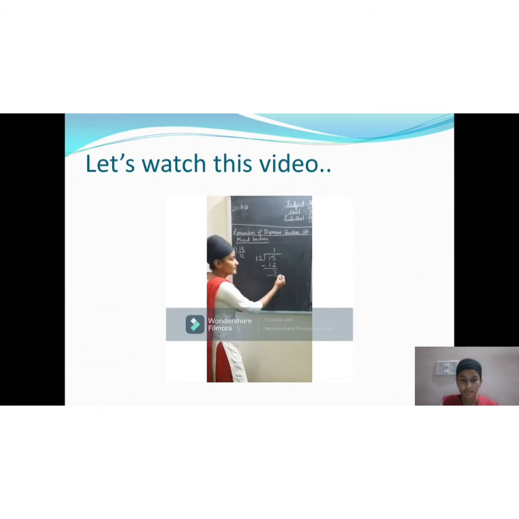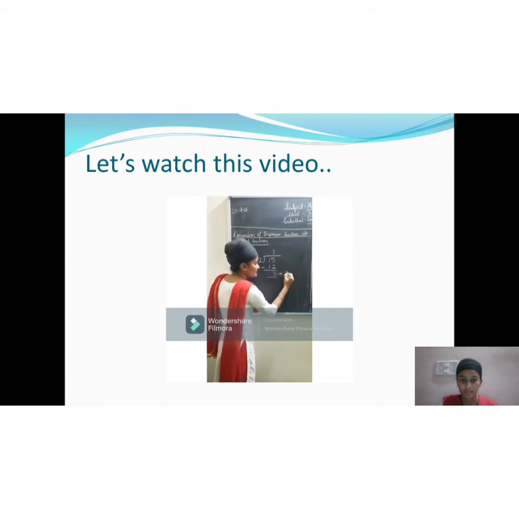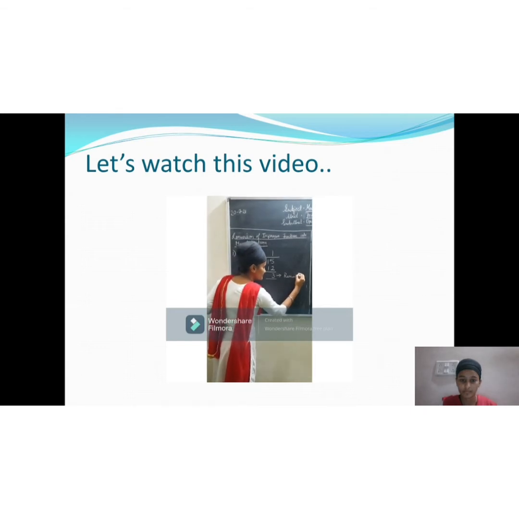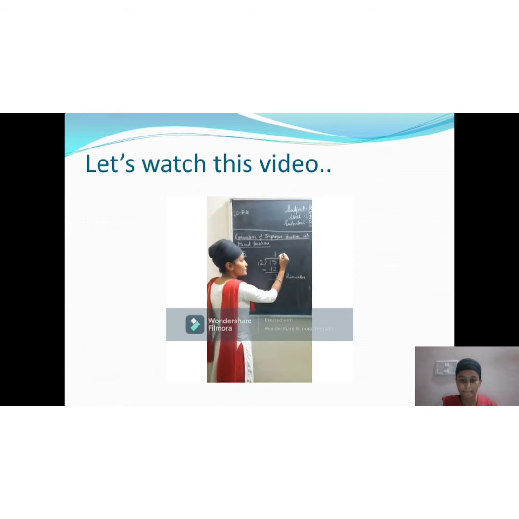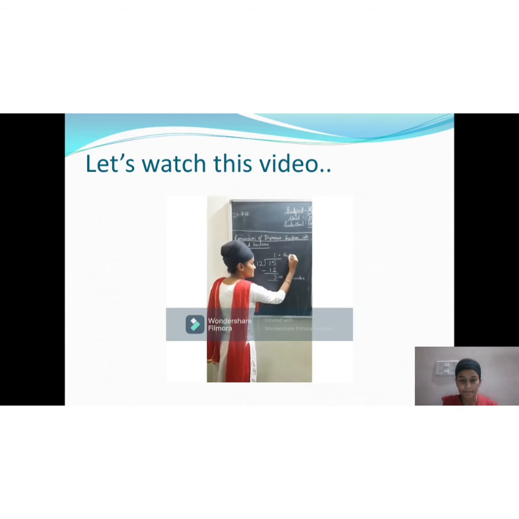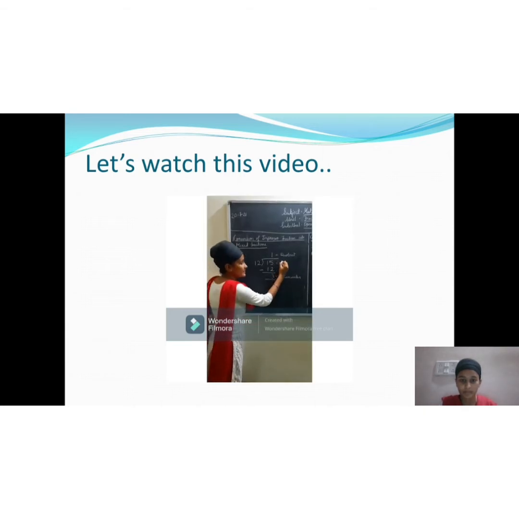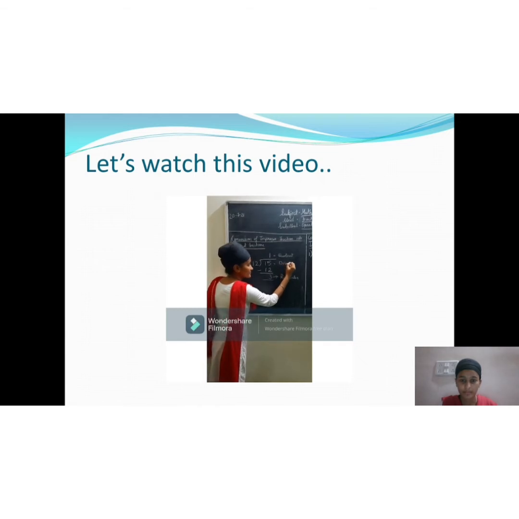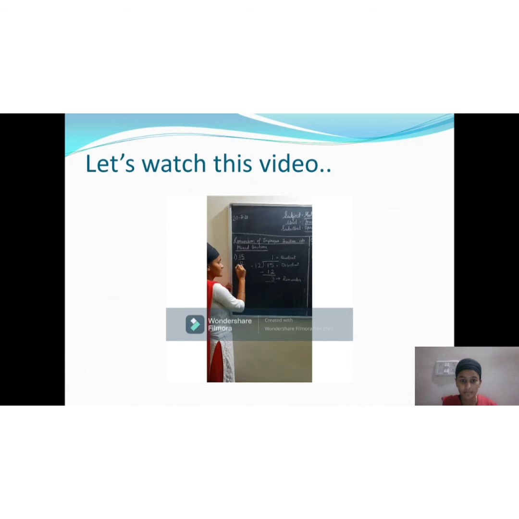Yes. So the remainder is 3. The quotient is 1. This is the dividend and this is the divisor.